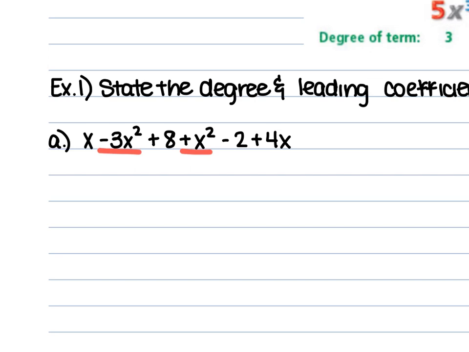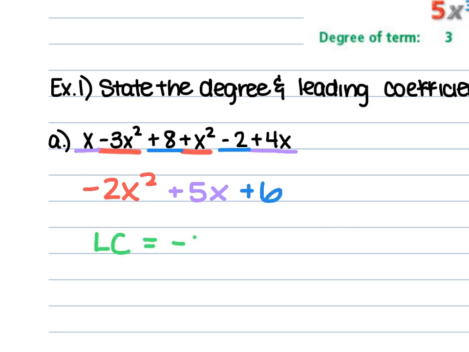The negative 3 plus 1 gives us negative 2. Keep the x squared. Then the x and the 4x combine to give us positive 5x. And then the 8 and the minus 2 combine to give us a positive 6. So from here, our leading coefficient is negative 2, and the degree is 2.